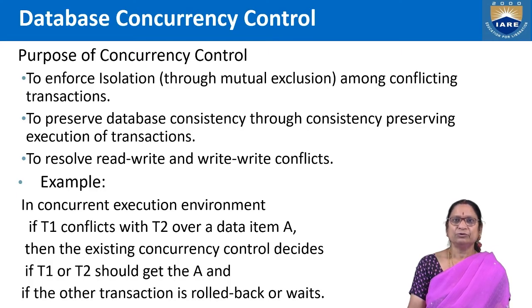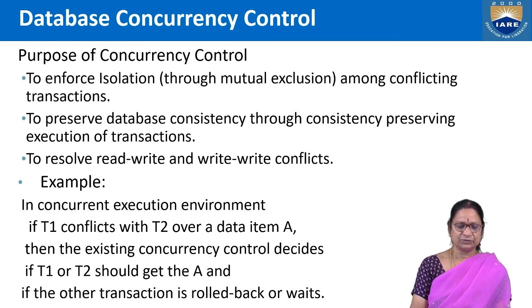To enforce isolation and consistency in concurrency control, we have to take care of the database management system concurrency control concepts in detail so that read-write and write-write conflicts of logs can be easily resolved.